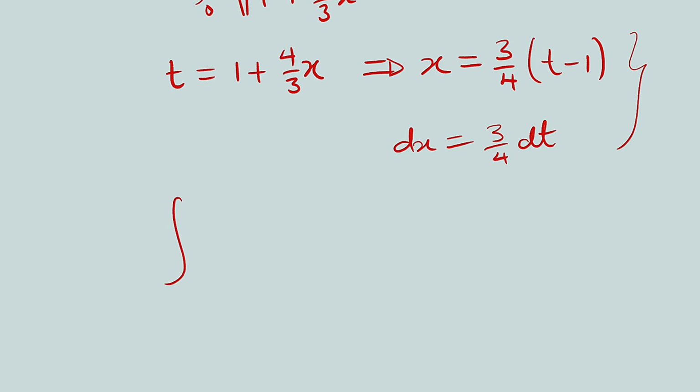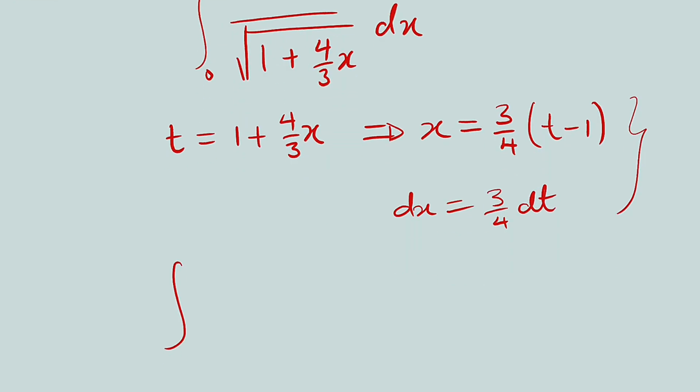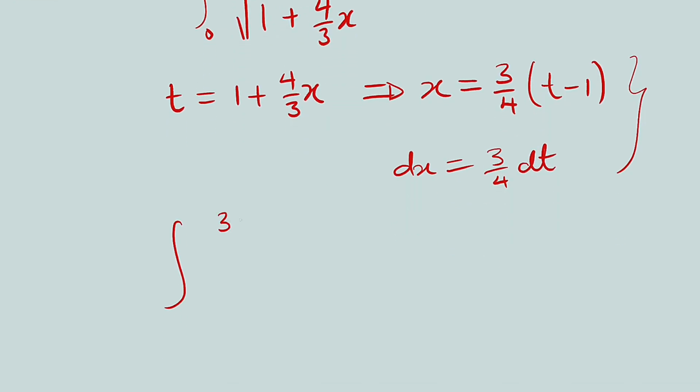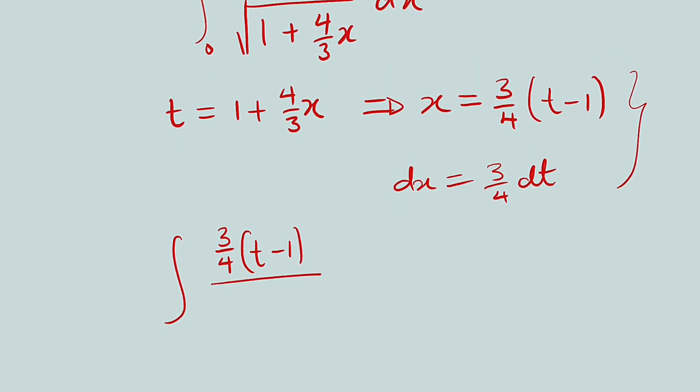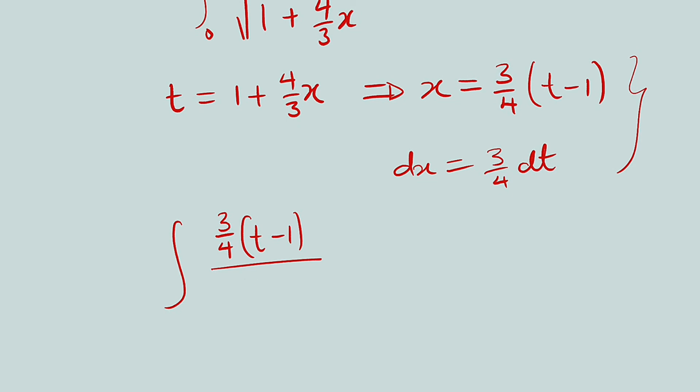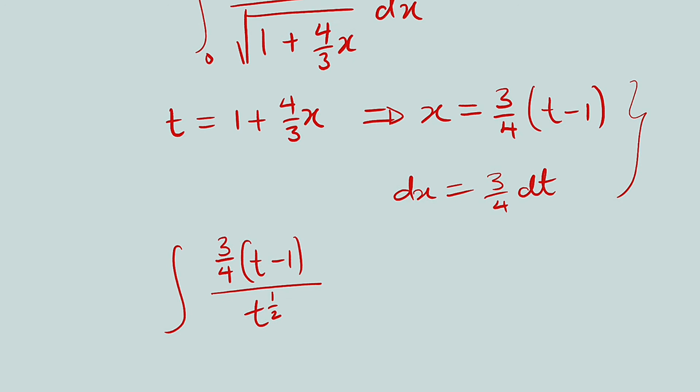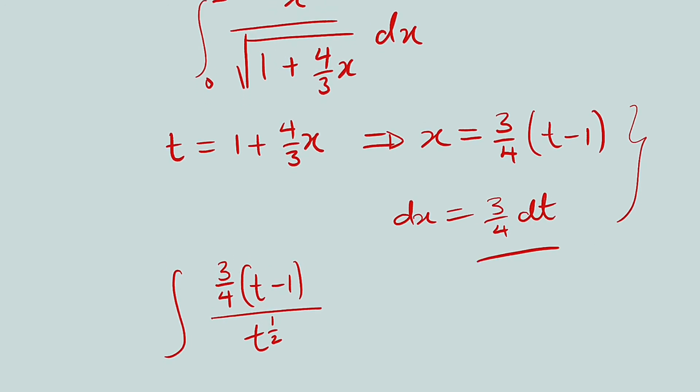We have the integral of x, and x is 3 divided by 4 multiplied by t minus 1, divided by 1 plus 4 divided by 3x, which I have substituted to be equal to t, and I can write it as t raised to the power of 1 over 2. Then dx is now 3 over 4 dt.